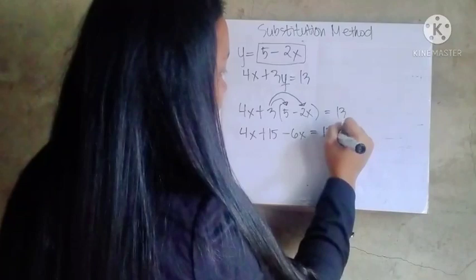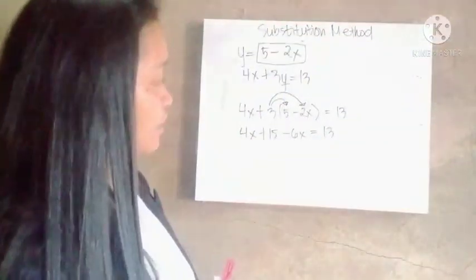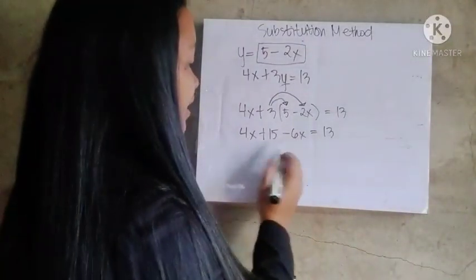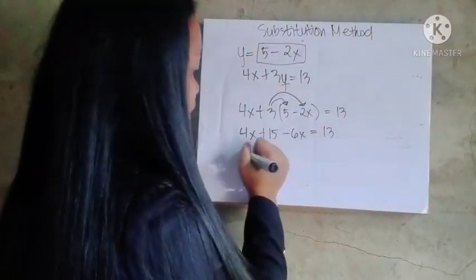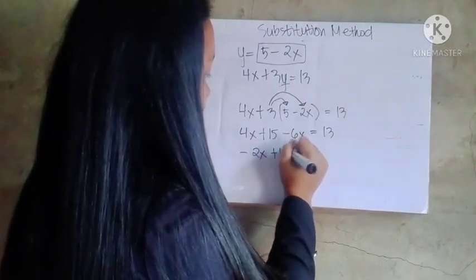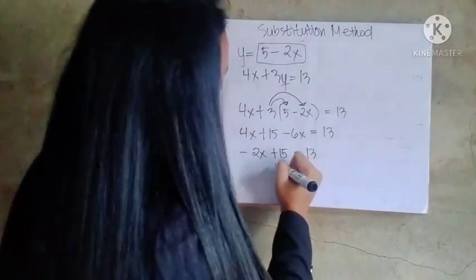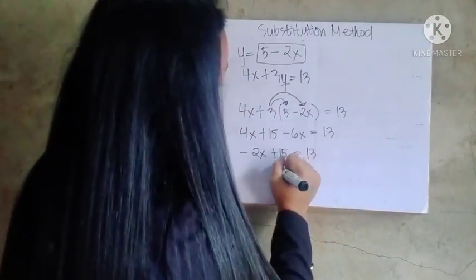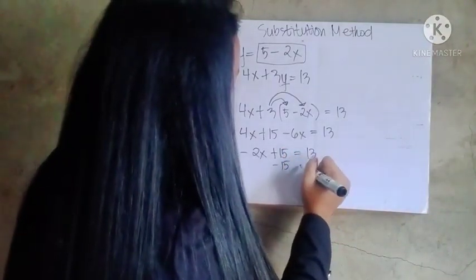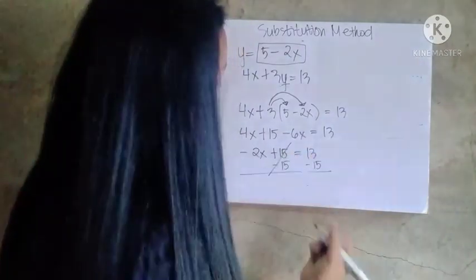In the next step, we need to combine like terms. So 4x minus 6x is equal to negative 2x plus 15. Next, subtract 15 from both sides to cancel this out.